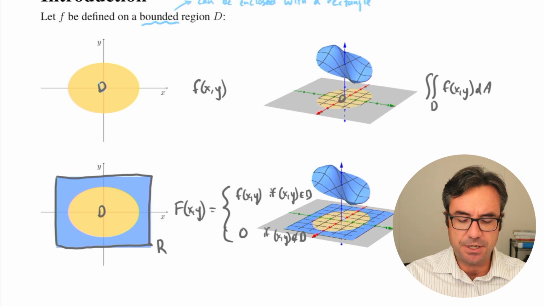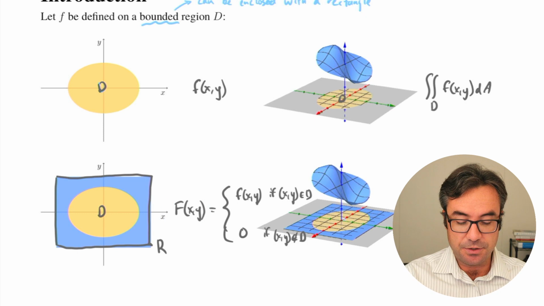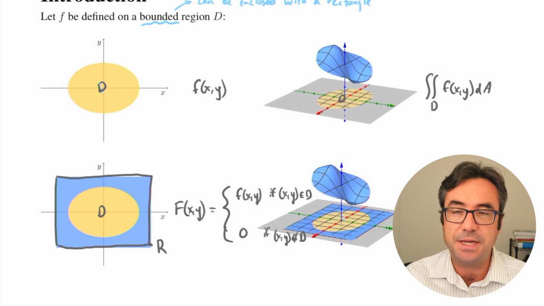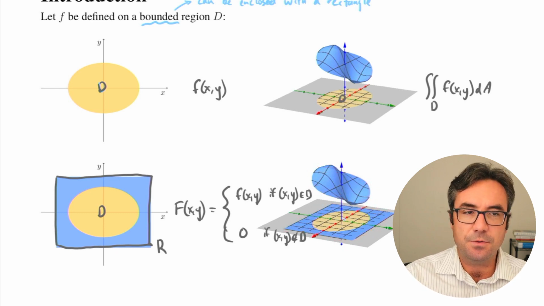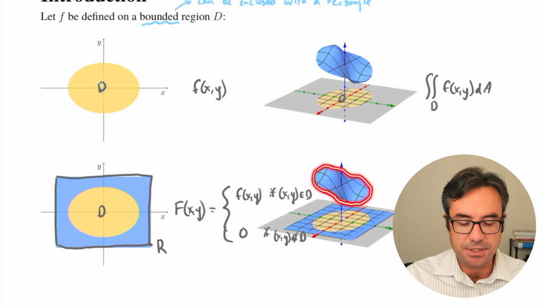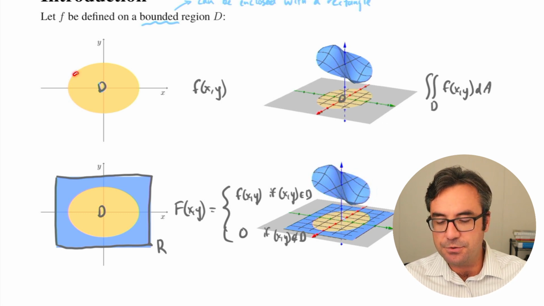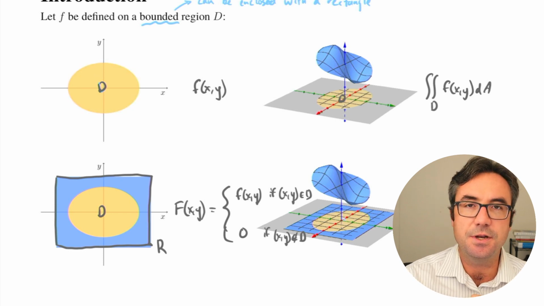Because this piecewise function is discontinuous. So there's a break in the graph going from this piece down to the flat piece here. And the reason is because it's only discontinuous on just this boundary edge. And if our boundary edge is nice, in this case it's a nice curve.